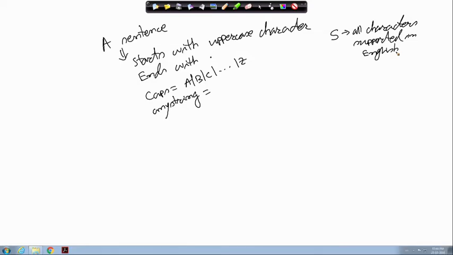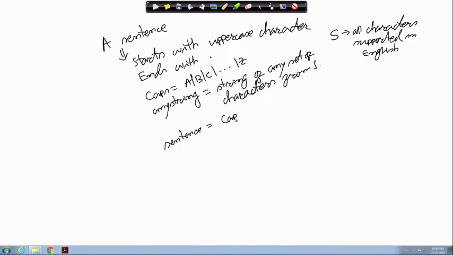Okay. Then in that case, any string is a string of any symbols, any set of characters from S. Then we can write that sentence is equal to caps followed by this any string, and that can come any number of times.